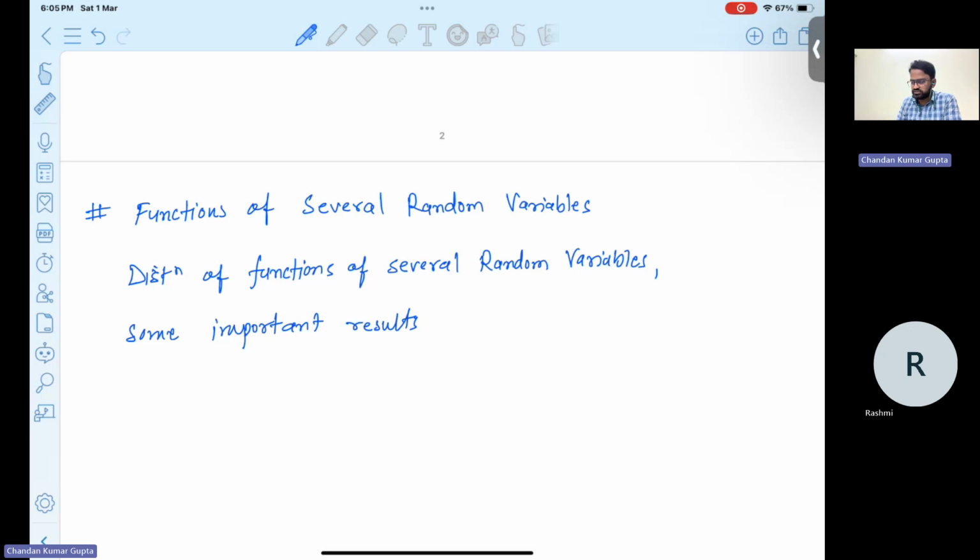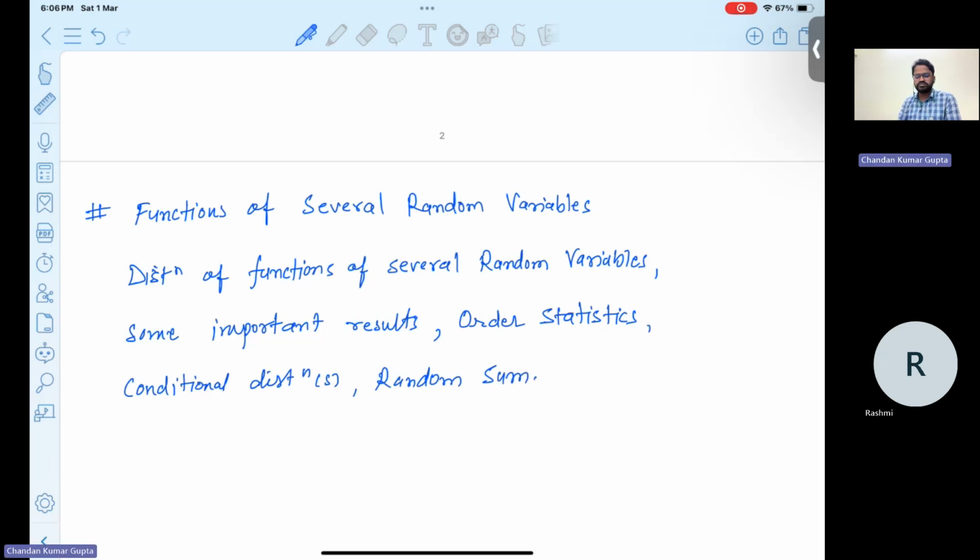Then we will discuss order statistics, which is a special kind of function of several random variables. And then we will discuss conditional distributions, and at last, some random sums.